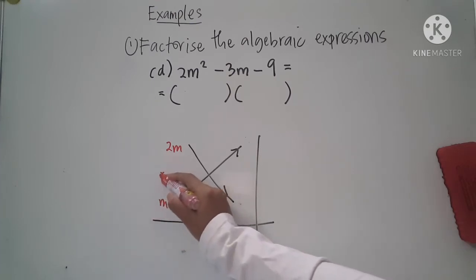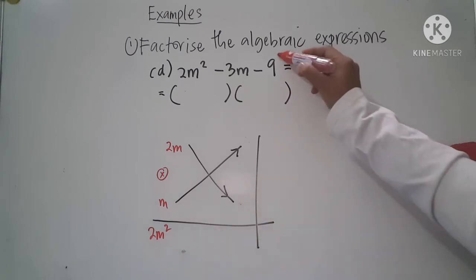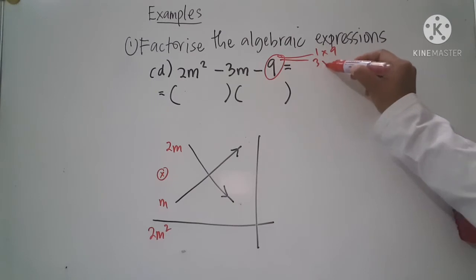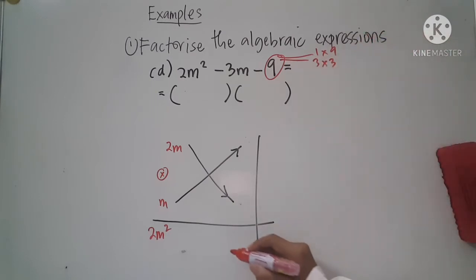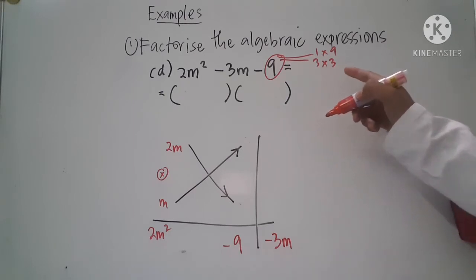So when you multiply, you are going to have 2m squared. For the 9 here, it is 1 times 9 or 3 times 3. Here is negative 9, here will be negative 3m. Now let's say I choose the 3 and 3.